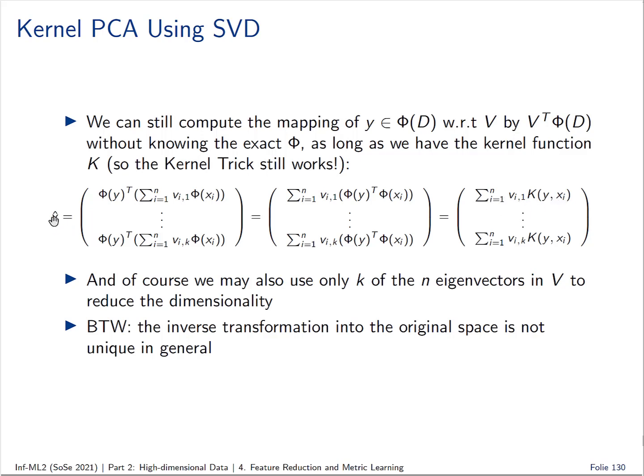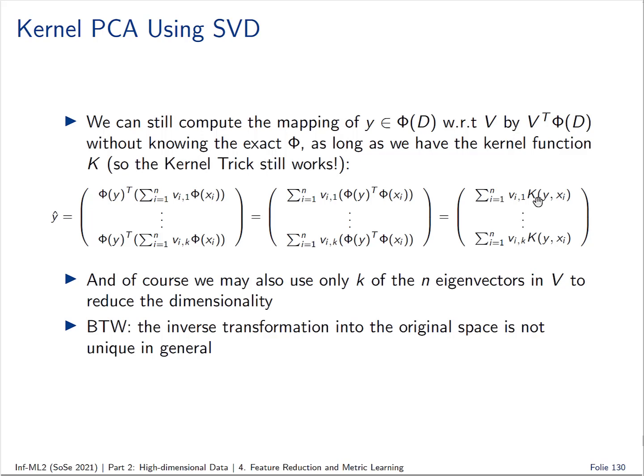So that is how you compute the new representation based on the eigenvectors obtained by kernel PCA, and you see here that this transformation just needs to know about the kernel function, but not about the phi. Here we still need the phi, but here we don't have any phis anymore. So we only have the kernels here. And that is the nice thing.